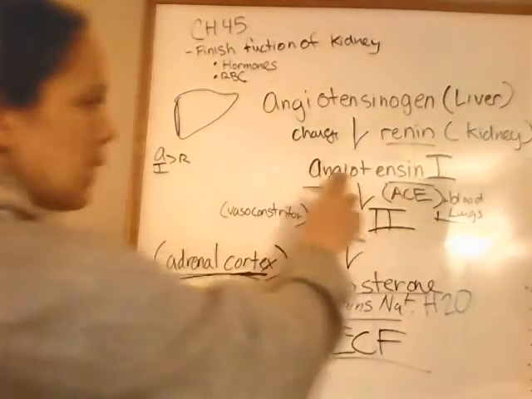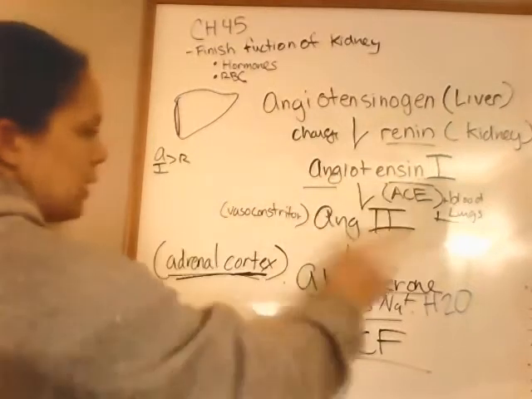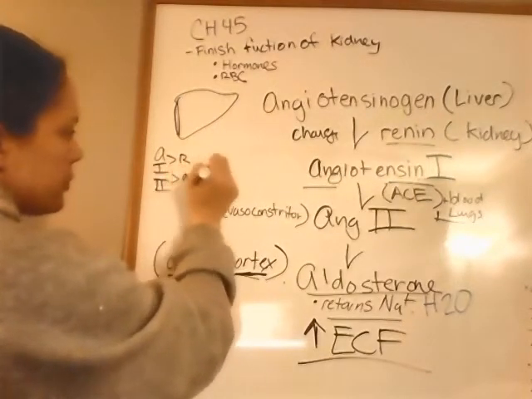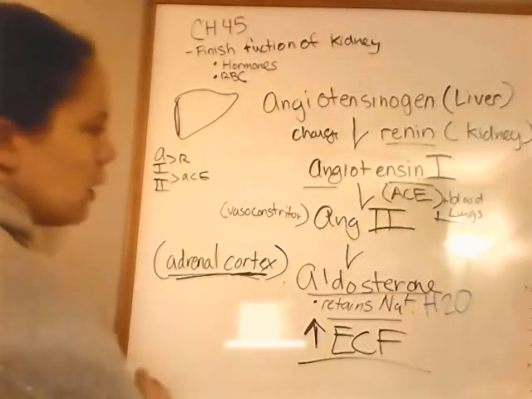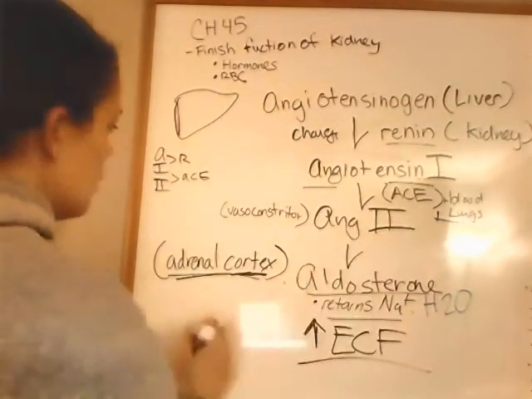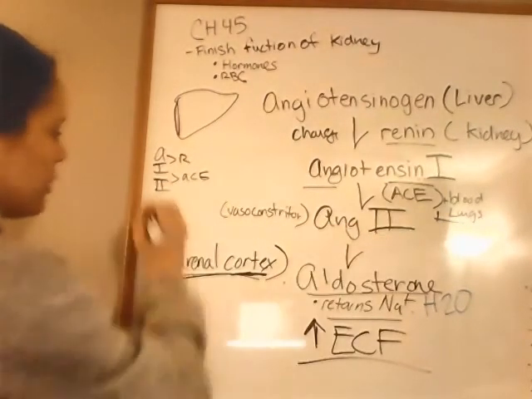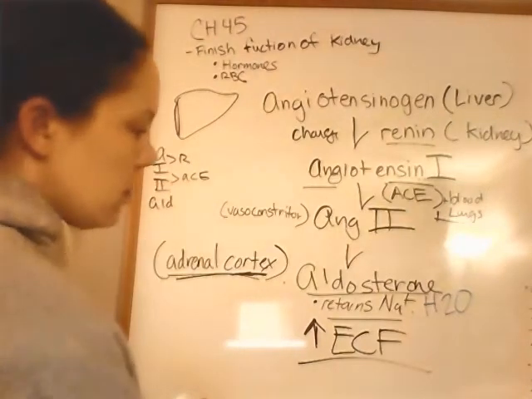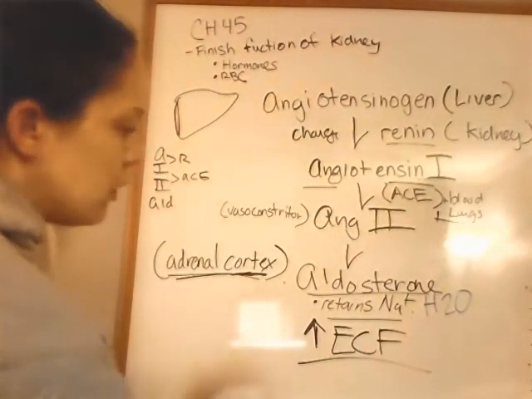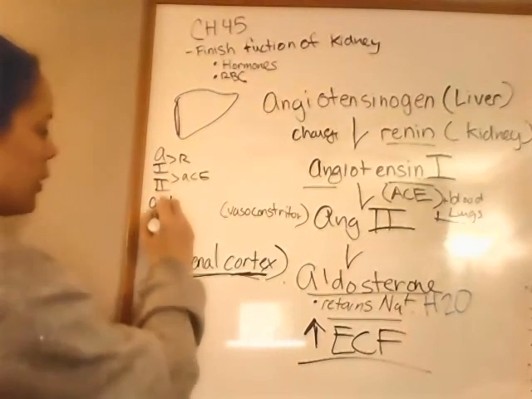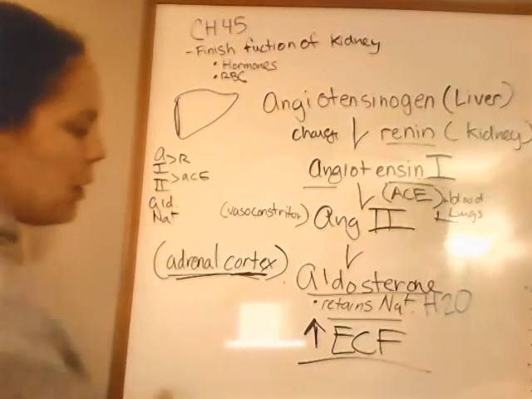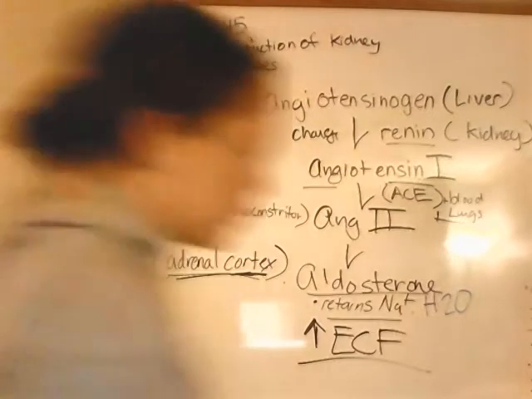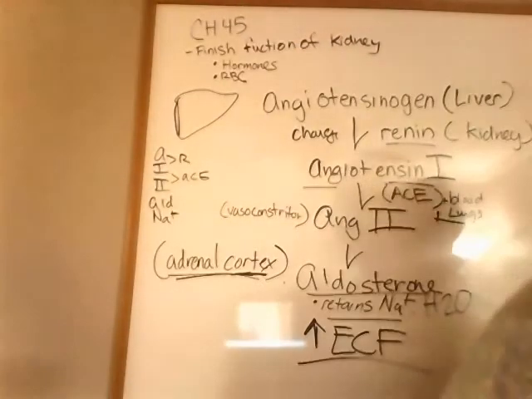And then angiotensin 1 is changed to angiotensin 2 by way of ACE. All right. So we have angiotensin 2, which stimulates your aldosterone. And of course, the end result is we retain sodium and increase the extracellular fluid. That is your wonderful enzyme cascade having to do with renin.